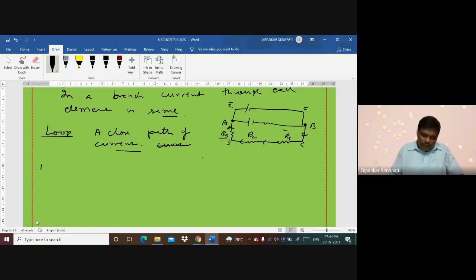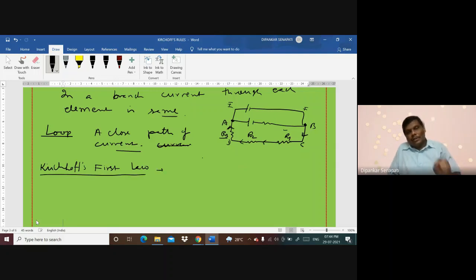Kirchhoff's first law. This law, as I already told you, deals with current. This is applicable at any point, at any junction. Okay.